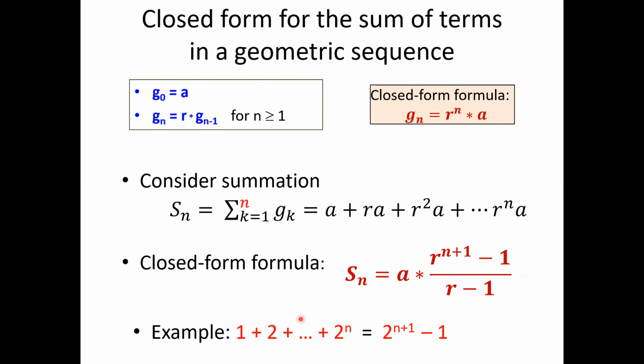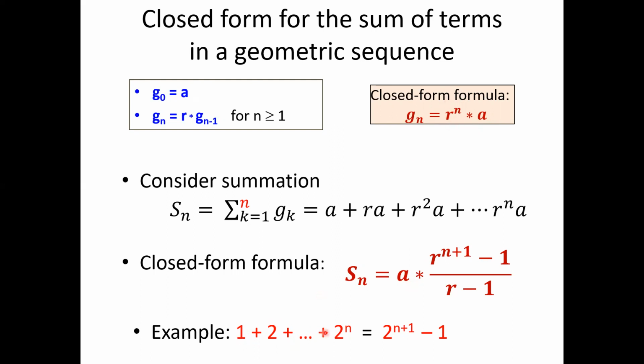So for example, if you start at 1, so a is 1, so we can kick it out. And let's say r is 2. So I'm looking at the sum of powers of 2, right? If r is 2 and a is 1, then this geometric sequence is just powers of 2: 2 to the 1, 2 to the 2, 2 to the 3, 2 to the 4, etc.